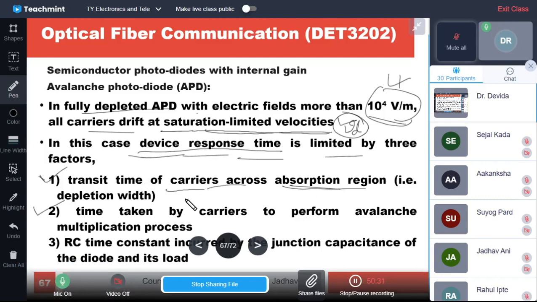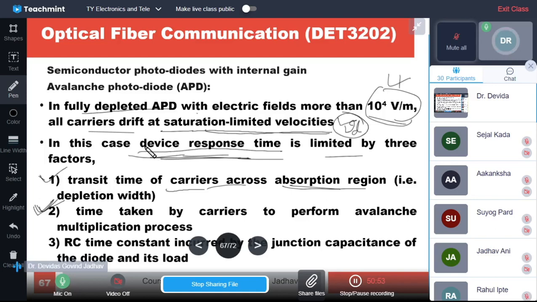The RC time of the junction capacitance also puts a limit on the response time. These two we already discussed: transit time, T drift, and RC time constant. The second factor is new in this case, and it is not common to all devices.